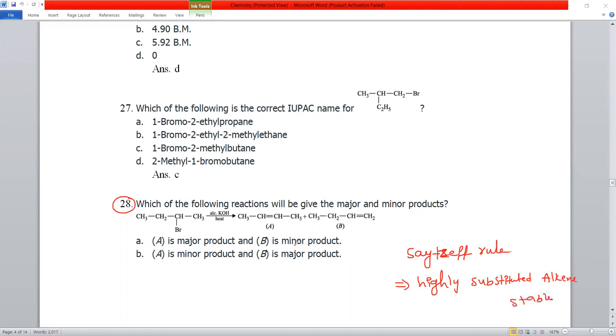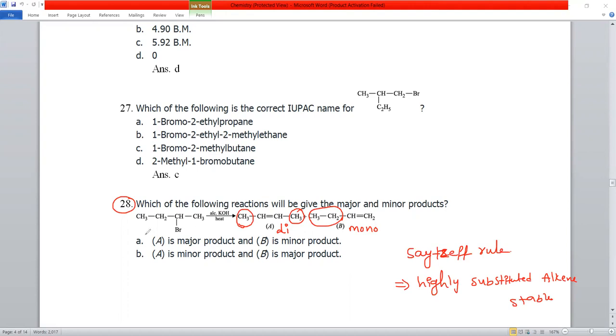So we'll check in the options. This is 1 substitution. Here it will be 2 substitution. This is disubstituted. In this case, only the mono substitution is there. Which is the stable one, student? Highly substituted is the major one. Less substituted is the minor one.